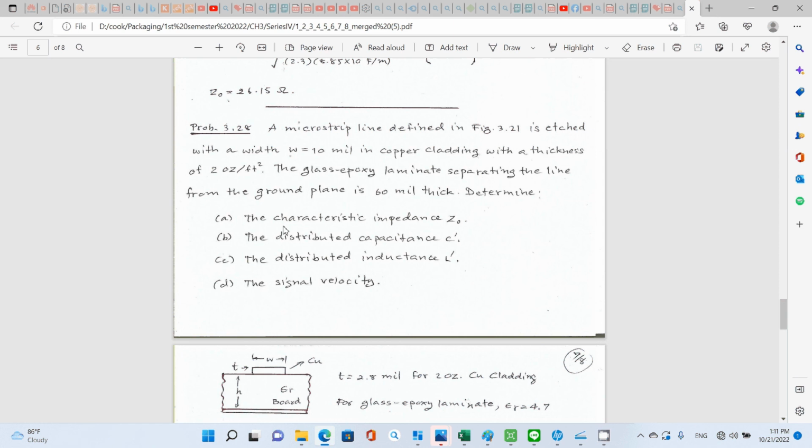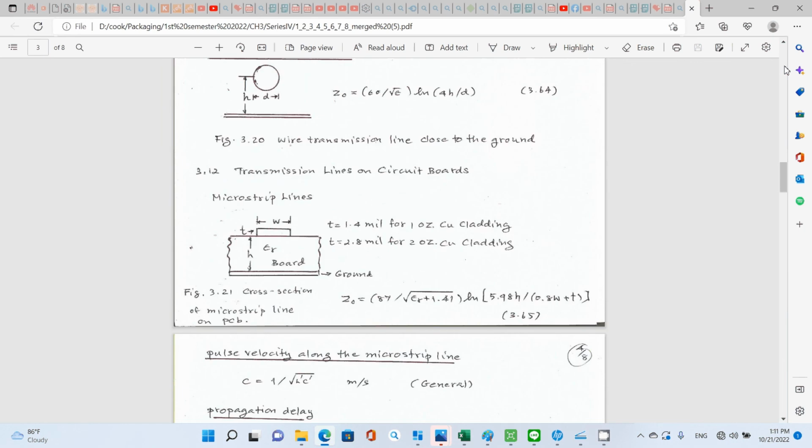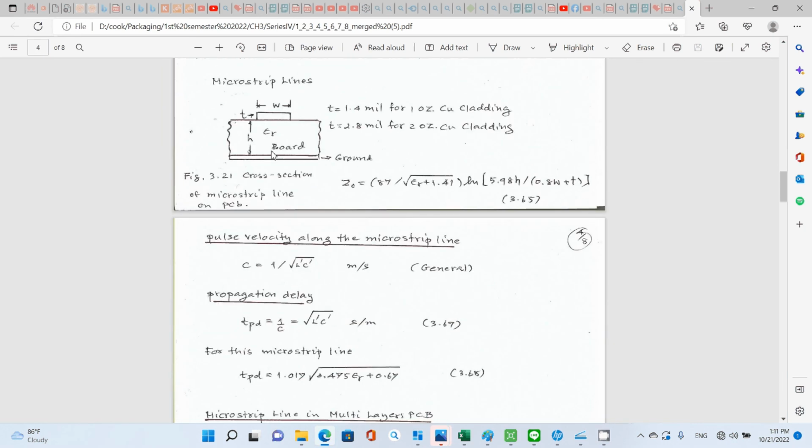Determine A, the characteristic impedance Z0, B, the distributed capacitance C prime, C, the distributed inductance L prime, and D, the signal velocity. Take a look at figure 3.21.